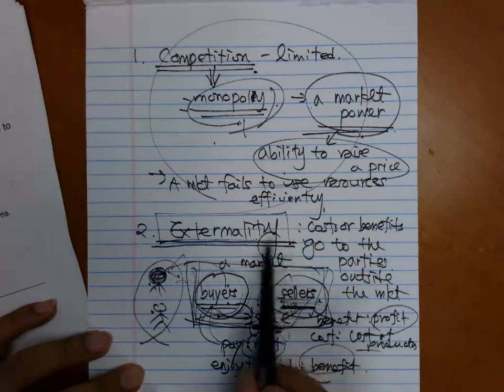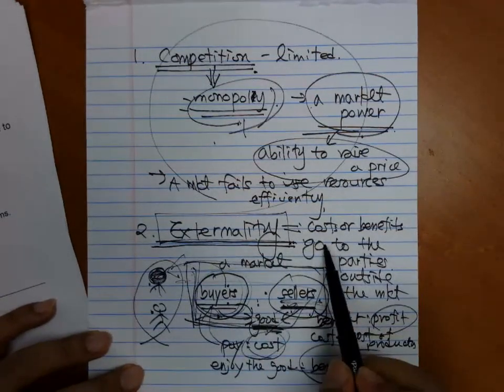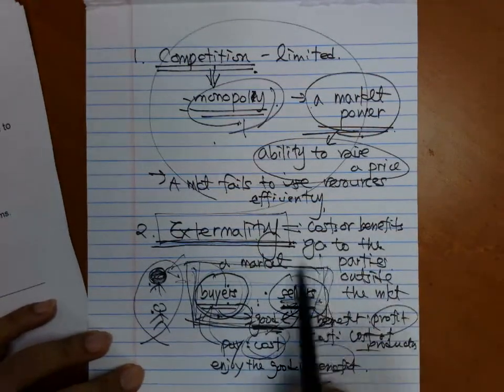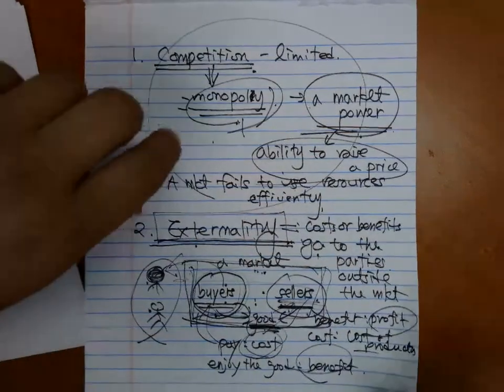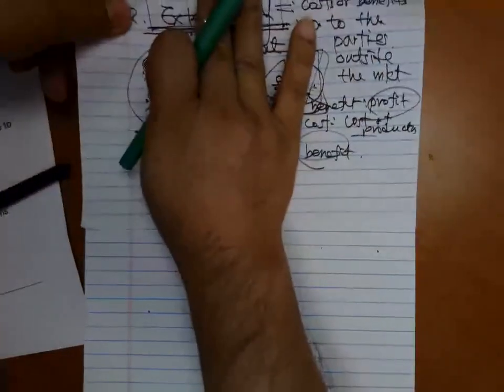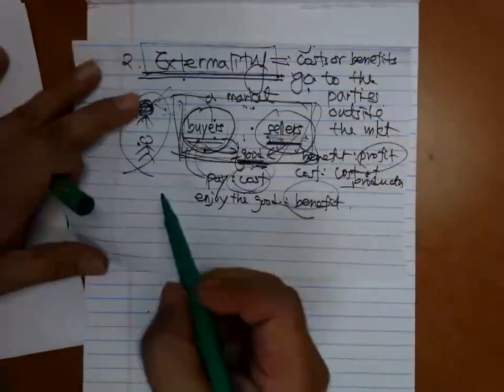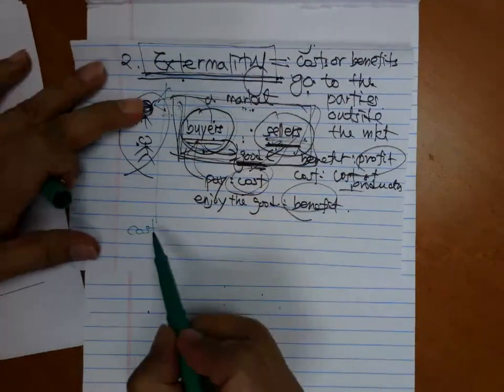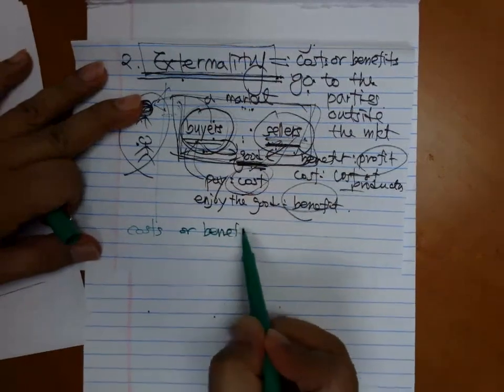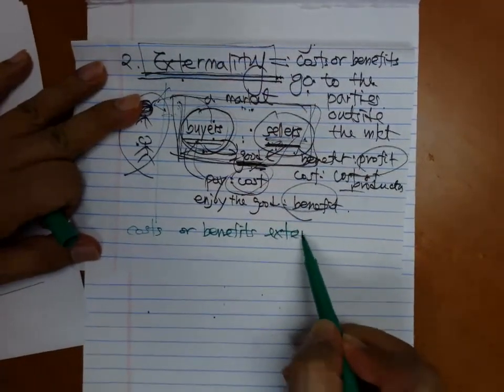That is called externality. So if we have to define externalities, this is nothing but cost or benefit external to this market. It's called externalities.